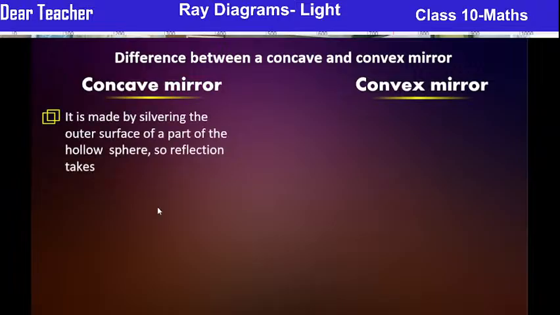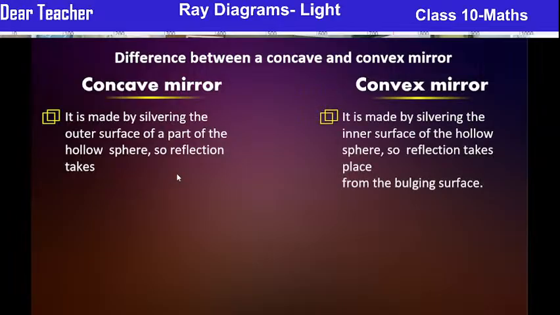First difference: the concave mirror is made by silvering the outer surface of a part of a hollow sphere, so that the reflection takes place from the inner, curved-in surface.